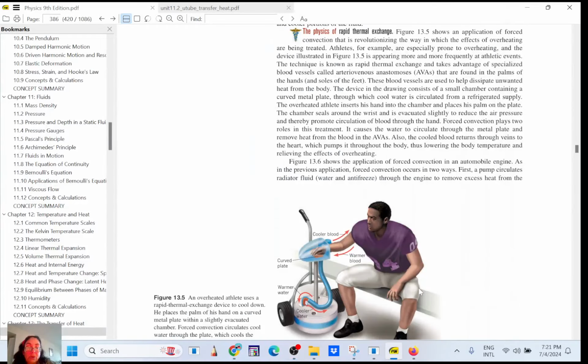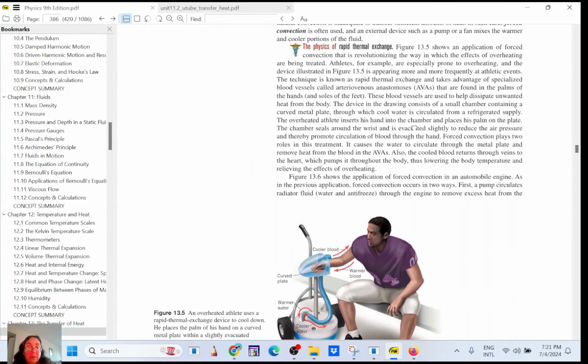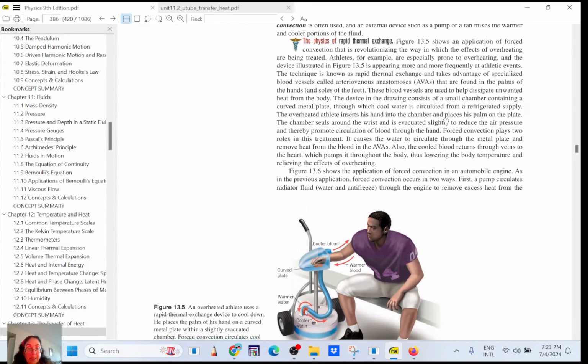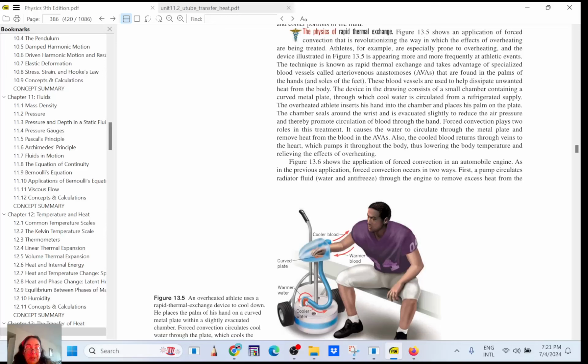And lastly, I want to mention this example that I thought was cool. It's from your book, and it's used for athletes because they tend to have a very high metabolism and they can overheat.